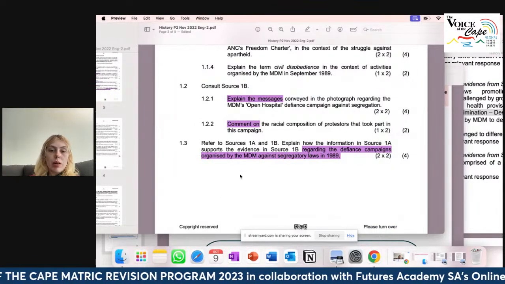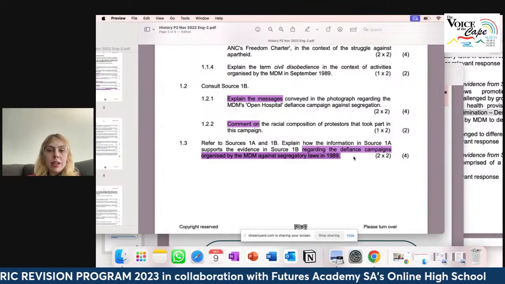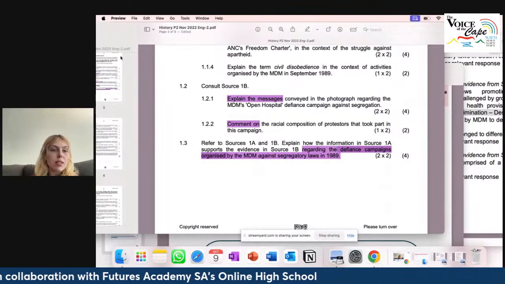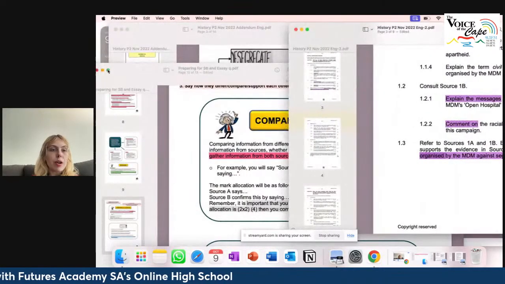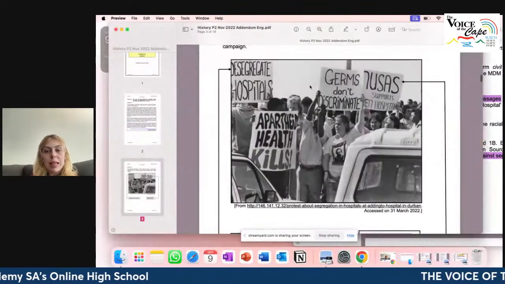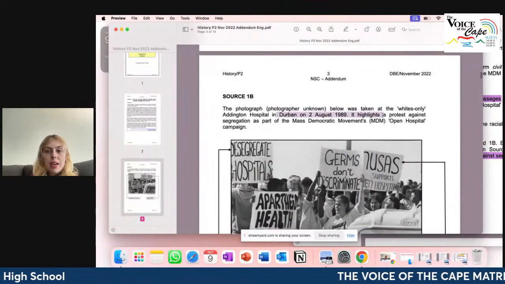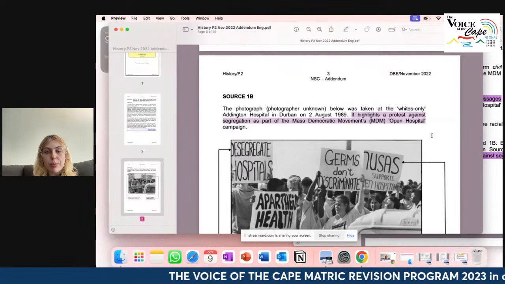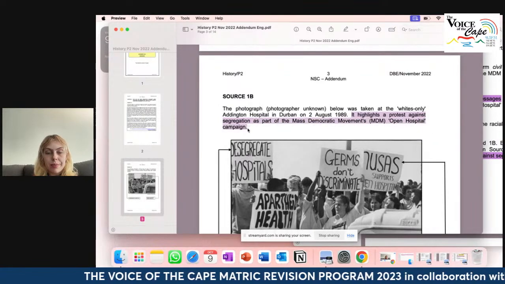So we're looking for things about campaigns organized by the mass democratic movement against segregatory laws, and we're looking for 2. So here it says there's a protest against segregation as part of the mass democratic movement's open hospital campaign.